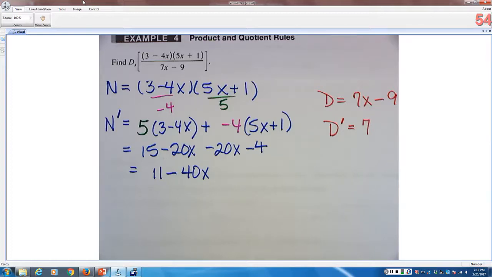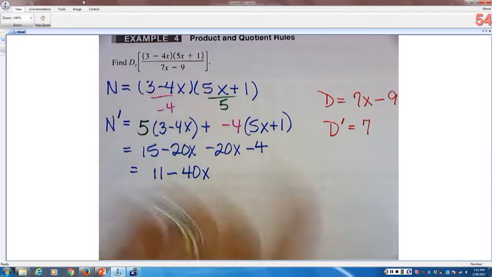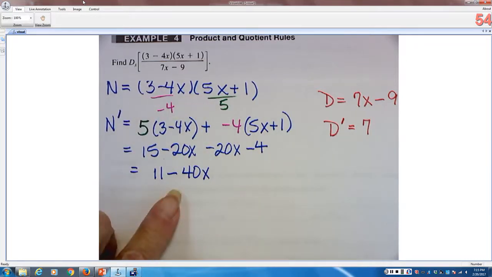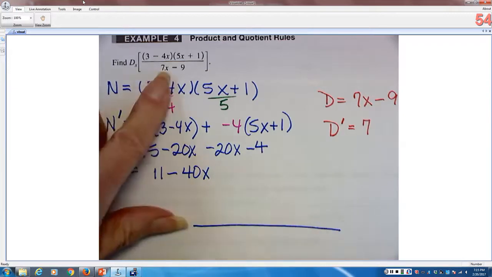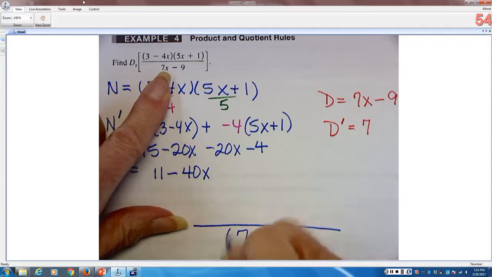So then what we're going to do to actually get the derivative of this thing, now we're ready to do a quotient rule, right? So the quotient rule says take your denominator, 7x minus 9, and square it.